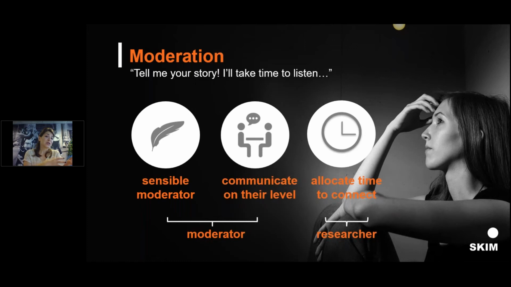Also, as explained earlier, with SKIM's two-in-one approach of recruitment and moderation, we invest in creating this context already from the first contact moment we have with the respondent.